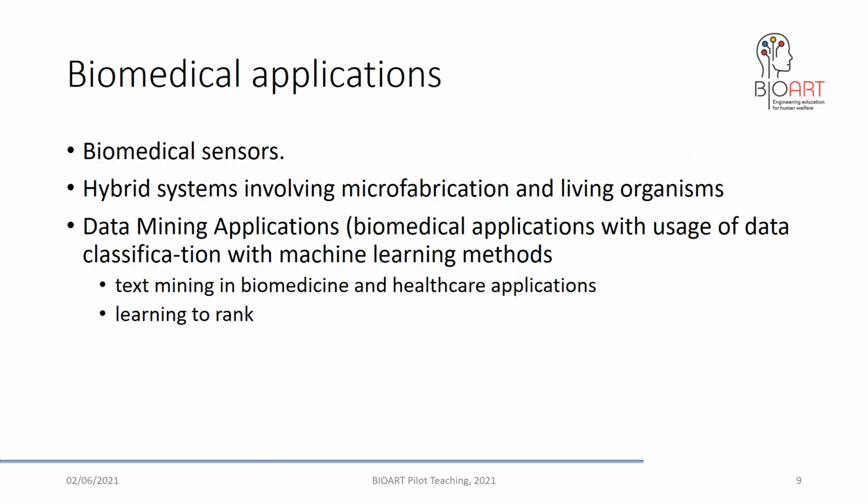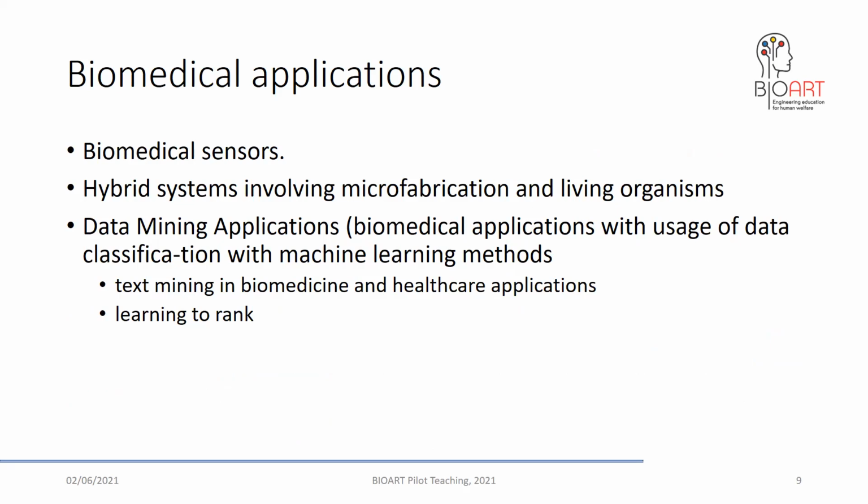From the other side, we could divide biomedical applications from the point of view of architecture, yes, and the main technologies which are used there. So it could be like applications for biomedical sensors.